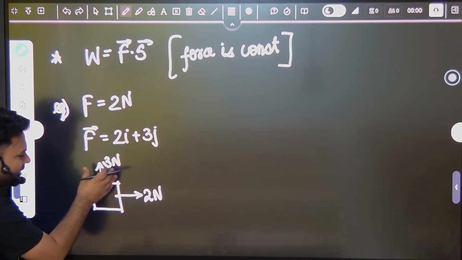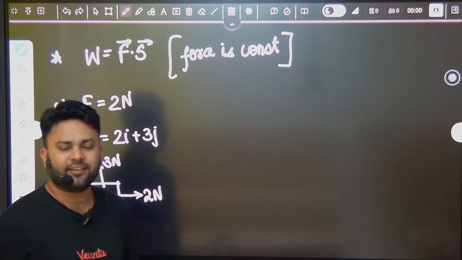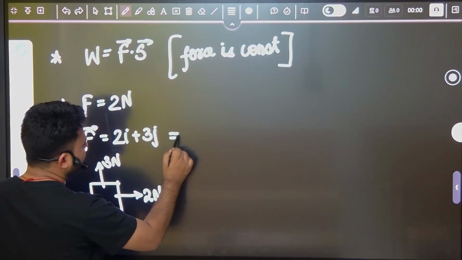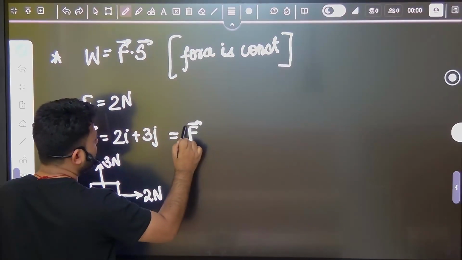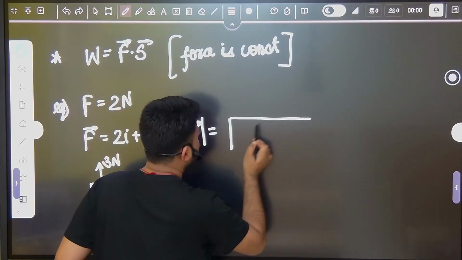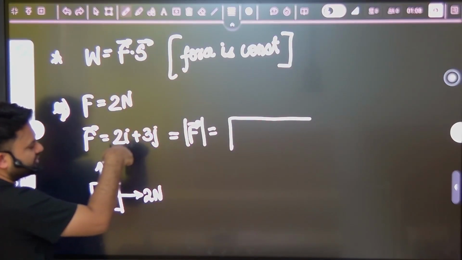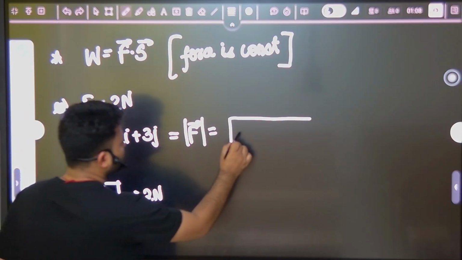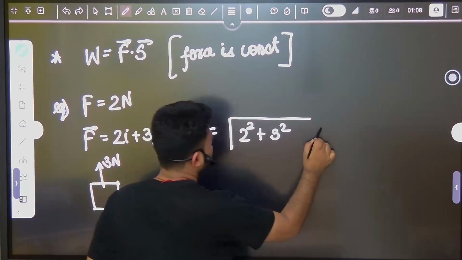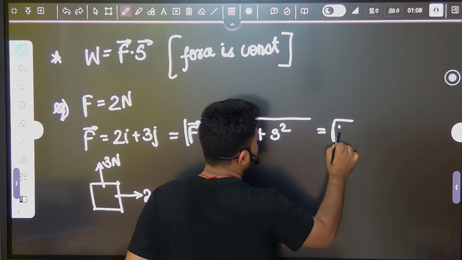So you can find the value, now it is constant only. You remember vector? If we want to find the magnitude of this force, what you will do? Under root i coefficient square plus j coefficient square. So 2 square plus 3 square, so this will be under root 13.